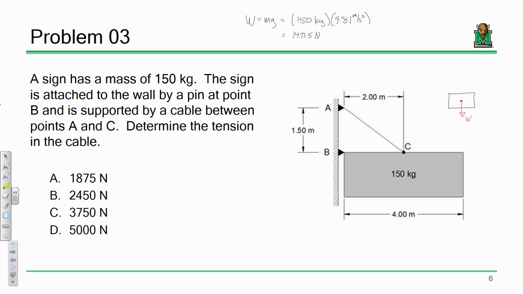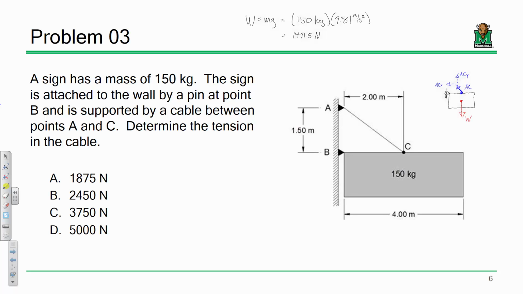I've got a hinge here, and I've got a cable right here, so we'll say that's going like that because it's in tension. So this is member AC, and we're splitting that up into ACX and ACY.